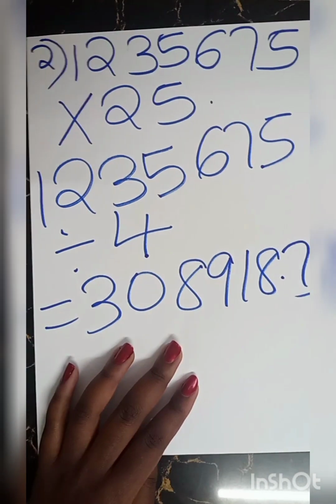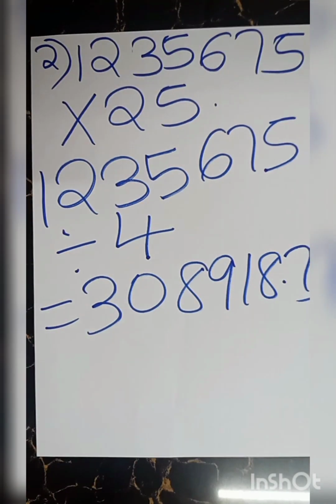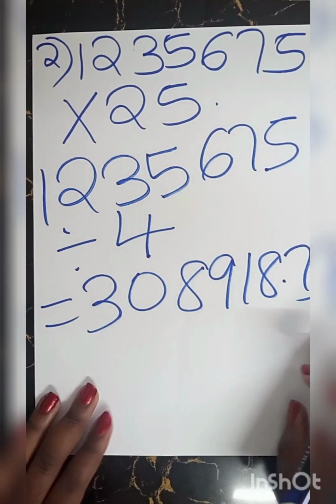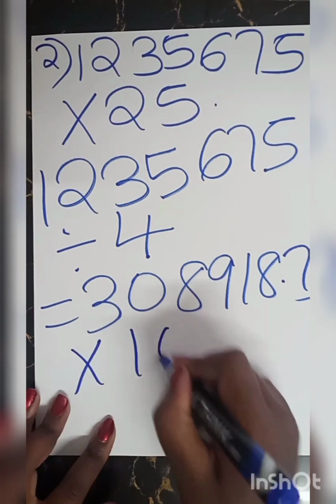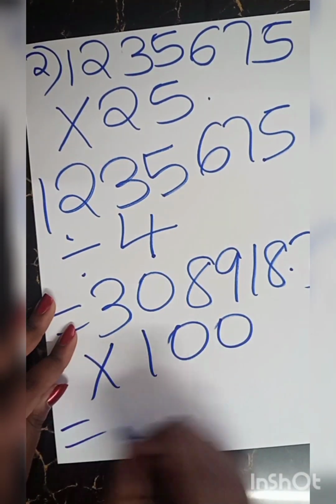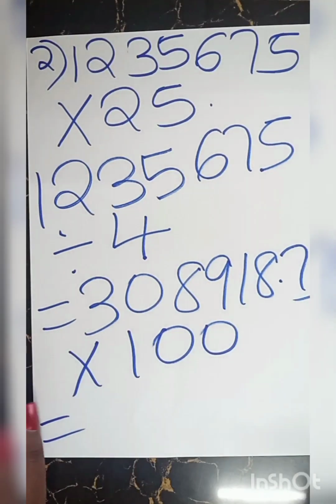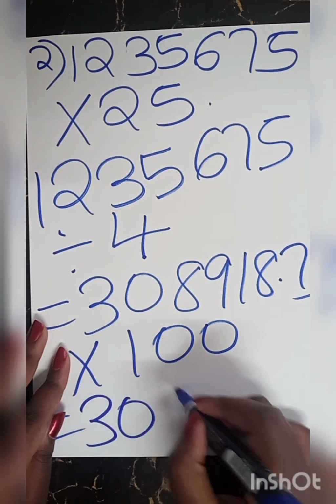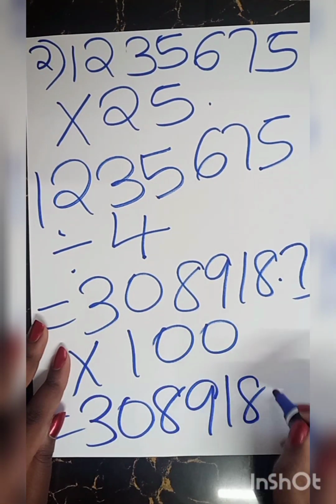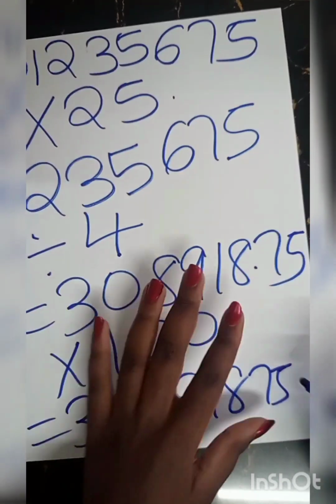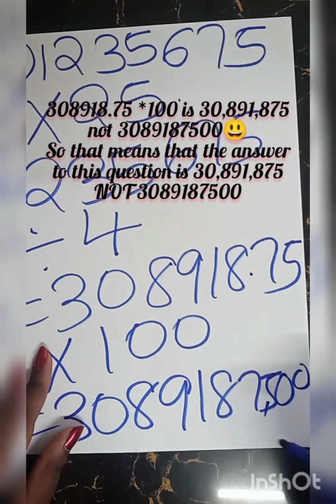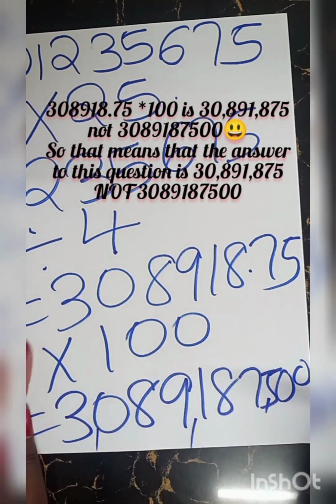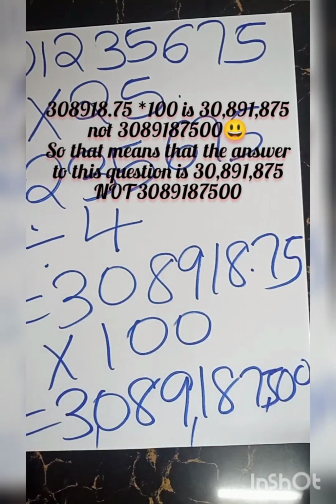Okay? And because we are doing 25, that means that we need to multiply this number by 100, okay? Because we've established that 25 can be written as 100 over 4. So when you multiply this number by 100, you get this number here, okay? So the answer to this question is this number here. Are we together? Have you understood?